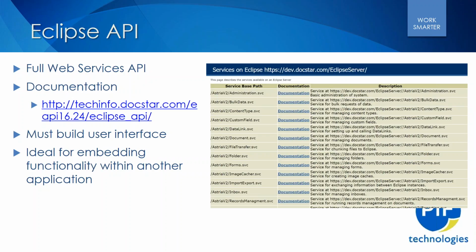You're not going to be able to leverage the Eclipse interface. You would basically have to program your own interface. So this is most ideal for low-level integration where you need to embed our viewer, maybe extract data. You want to build a whole new mobile platform utilizing data and docs. You would use the API.